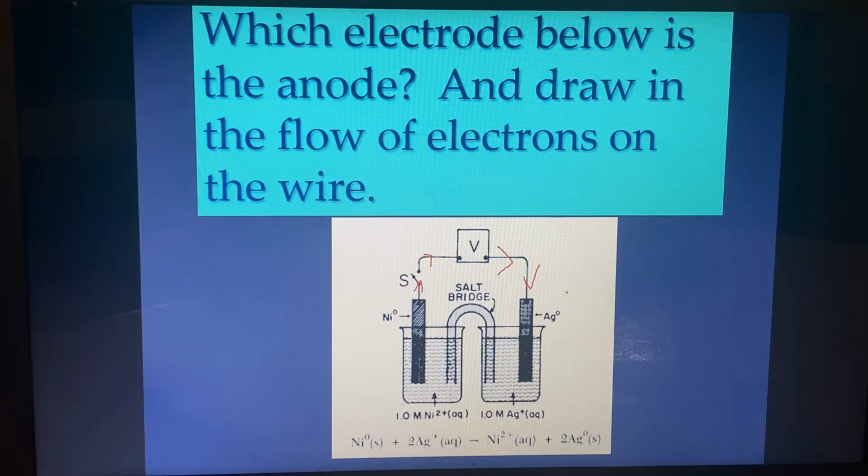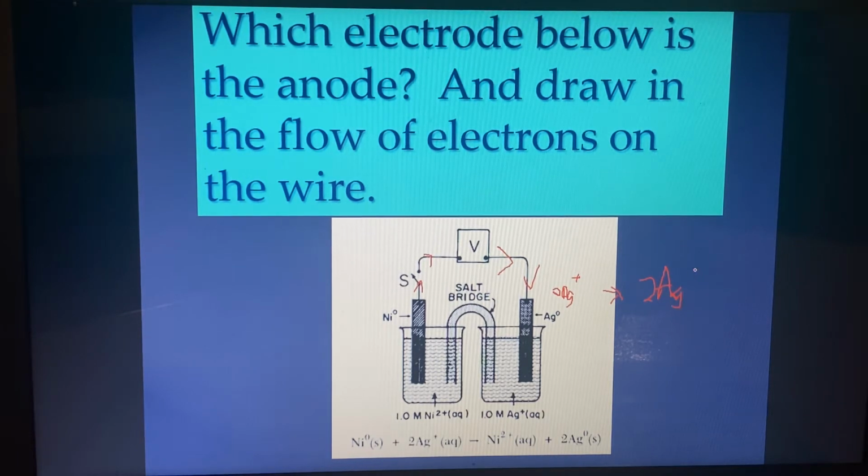So you go 2Ag plus, arrow, 2Ag 0. Now all you have to do is write in which side has the electrons.